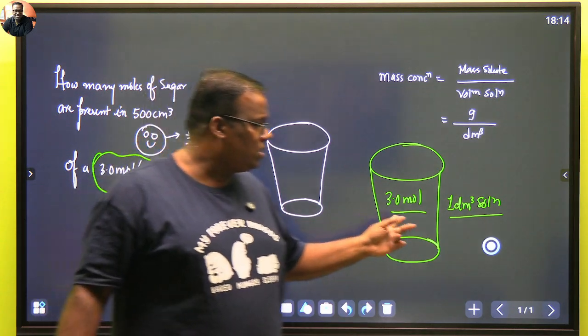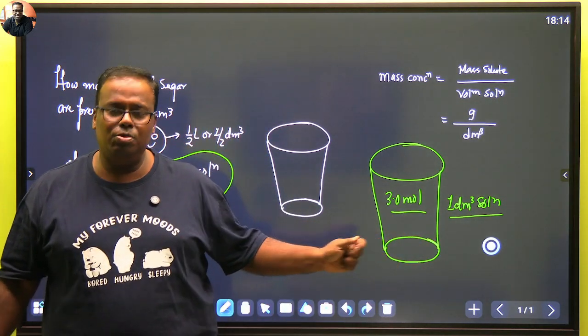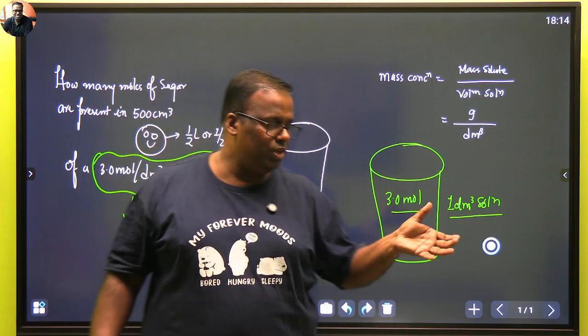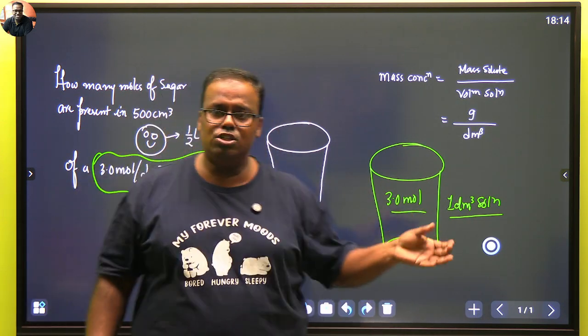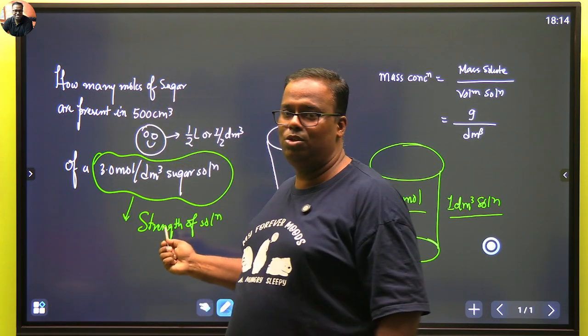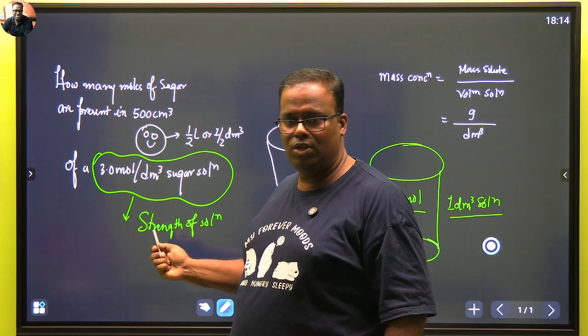Now, will you serve in this to anyone? No. You will be giving in glass or katoras. But tell me, if I give Dhruv a bigger glass and if I give Kirtan a smaller glass, will the taste be different? No. Because the strength of the solution is fixed. Have you understood?